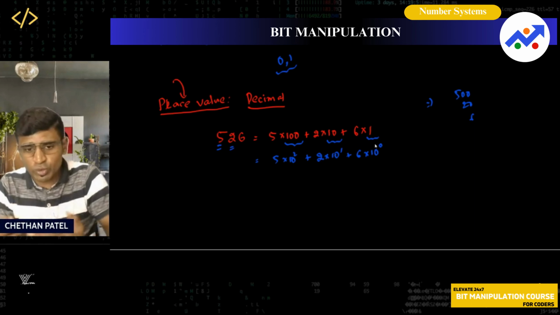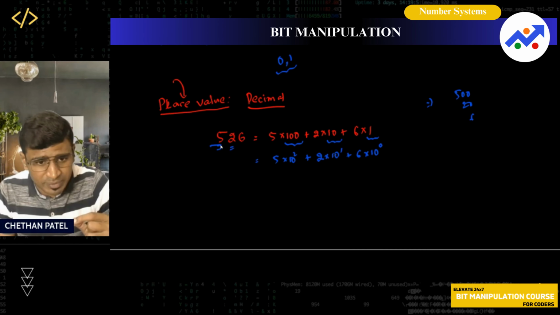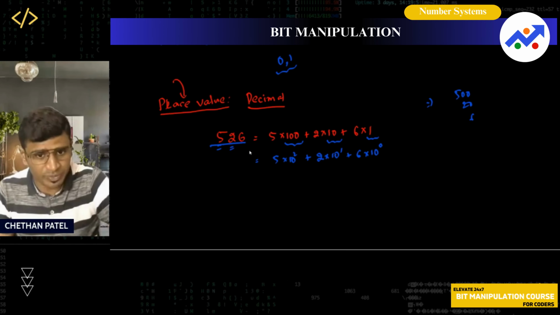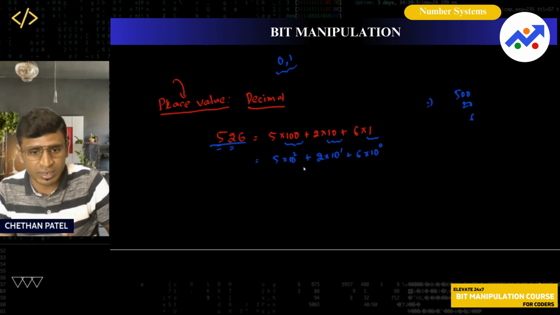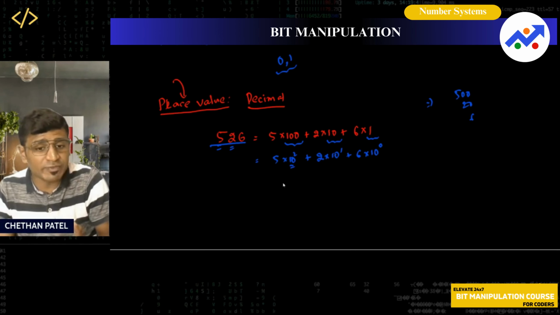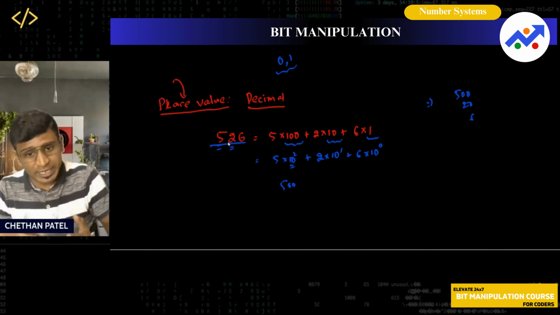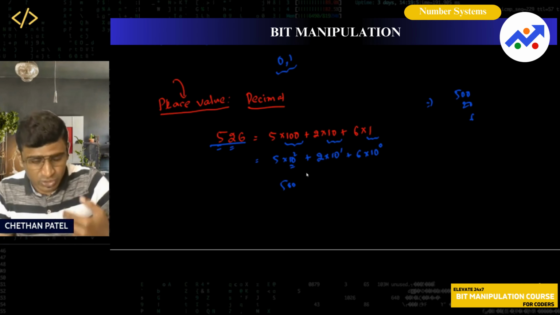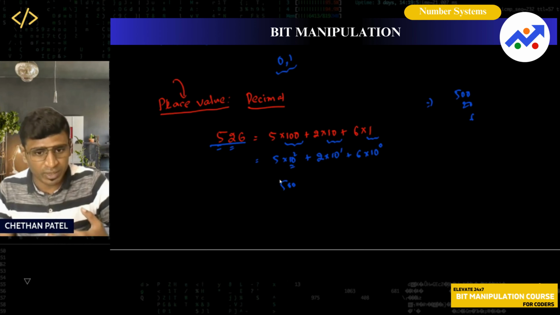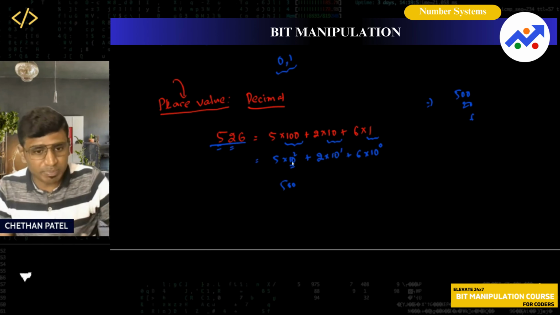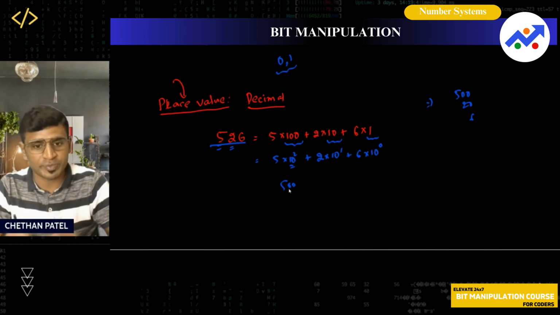Again, if you closely observe, every digit in this number, let's say 5, is multiplied with a power of 10 to get a place value of 500. This 5 is multiplied with the power of 10, here 10 to the power 2, to give a place value for this digit, which is 500 in this case.